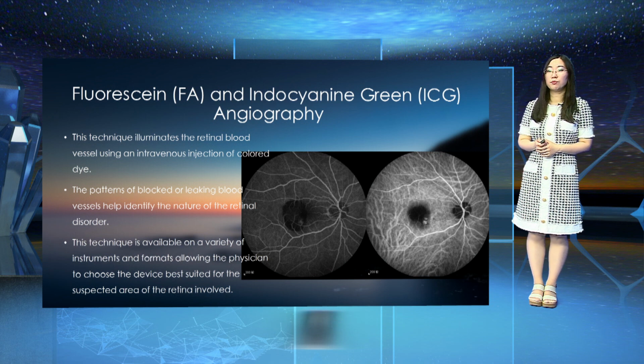The patterns of blocked or leaking blood vessels help identify the nature of the retinal disorder. This technique is available on a variety of instruments and formats, allowing the physician to choose the device best suited for the suspected area of the retina involved.